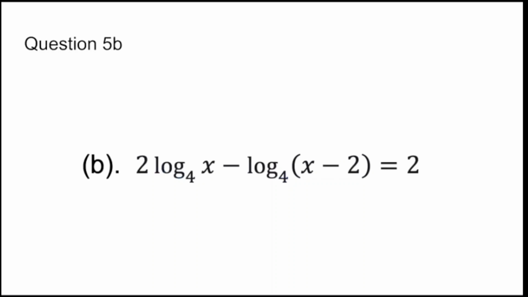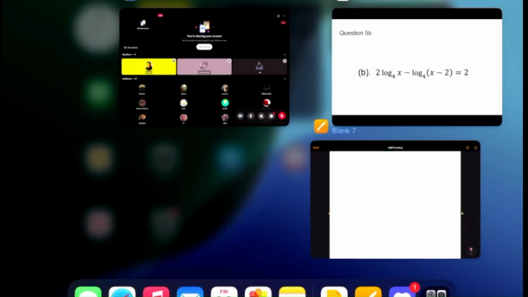The right-hand side should have been equal to 1. That was my bad. Sorry. I'll rewrite the question here. It should have been 2 log 4x minus log 4x minus 2 equals 1 instead. My bad, sorry.